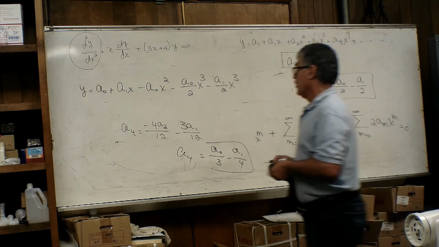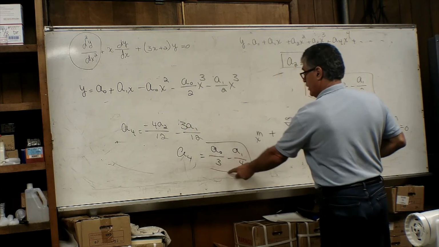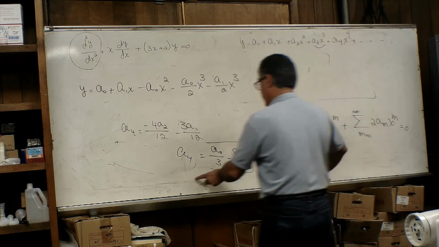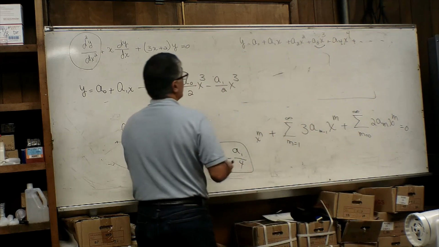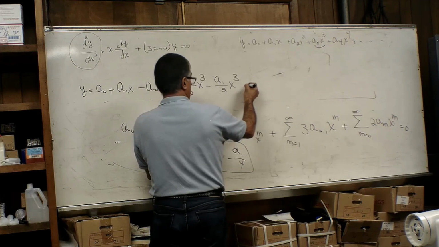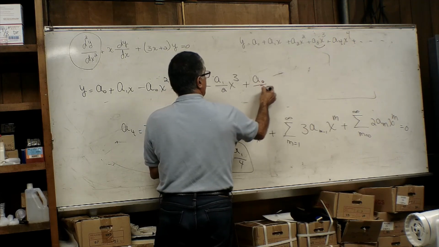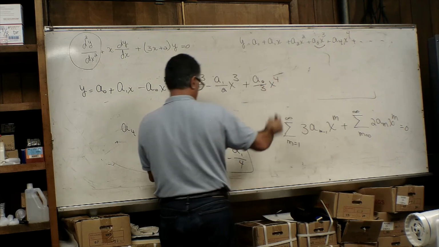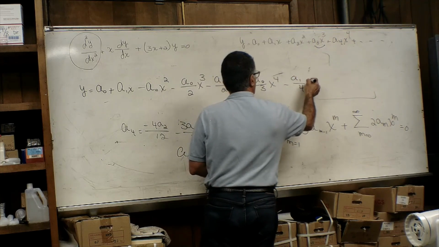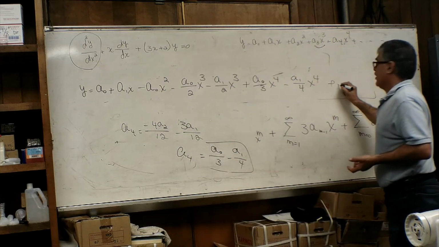So now our A4 is that, so we can write A4 times x to power 4. So this will be plus A0 divided by 3 x to power 4 minus A1 divided by 4 x to power 4, and so on.